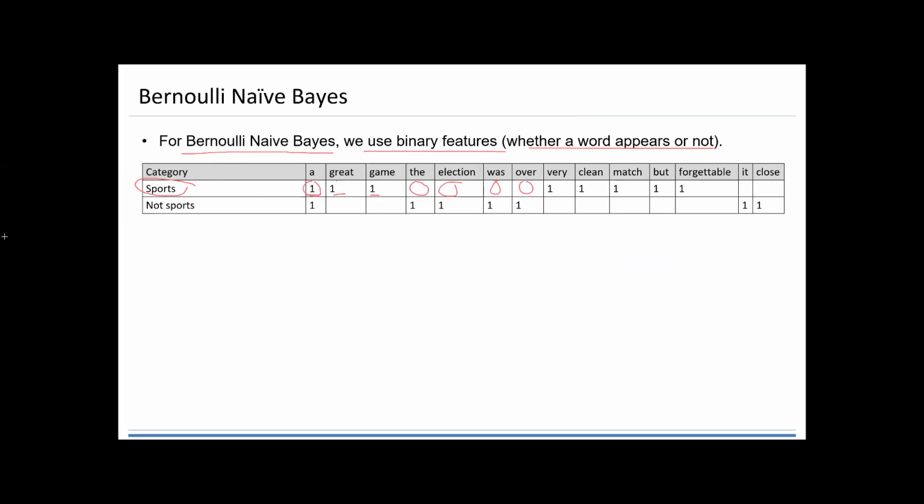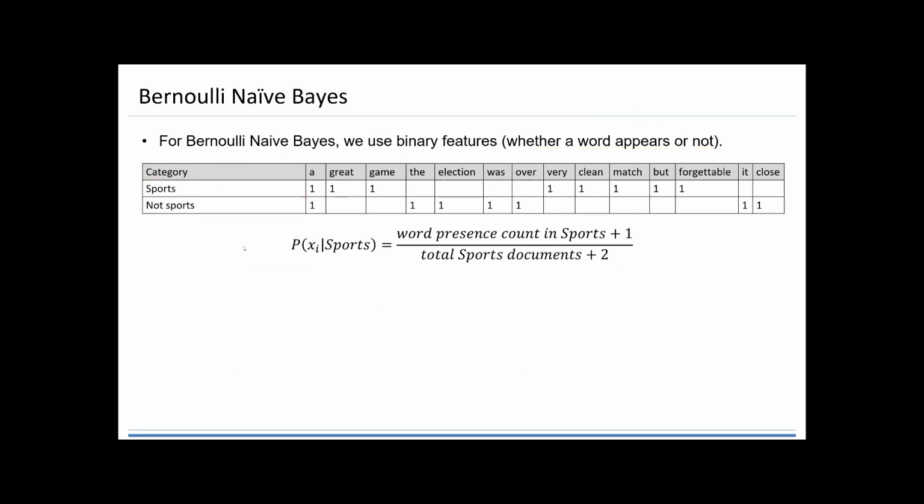So we can do this again with the probability. We will calculate the word presence count in sports plus 1. Again we use the Laplace smoothing. And the total sports documents plus 2. Plus 2 is just giving more value in order to make this number higher.